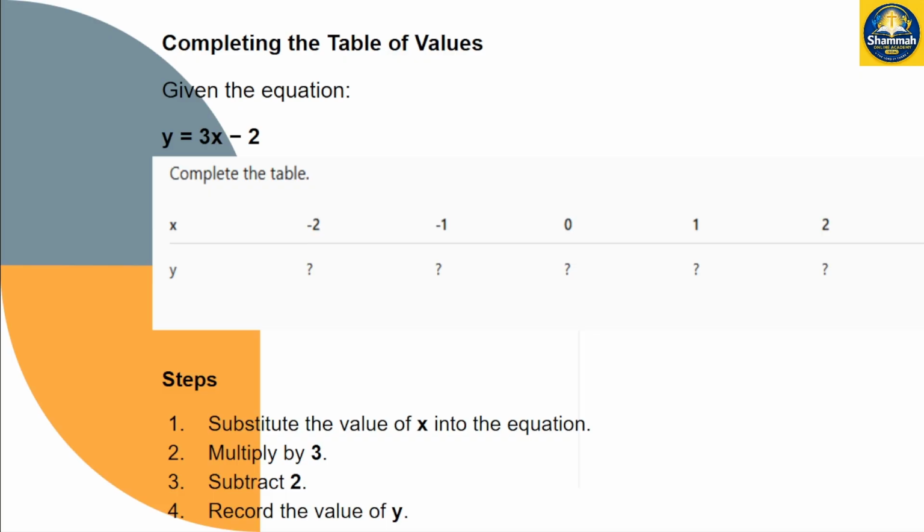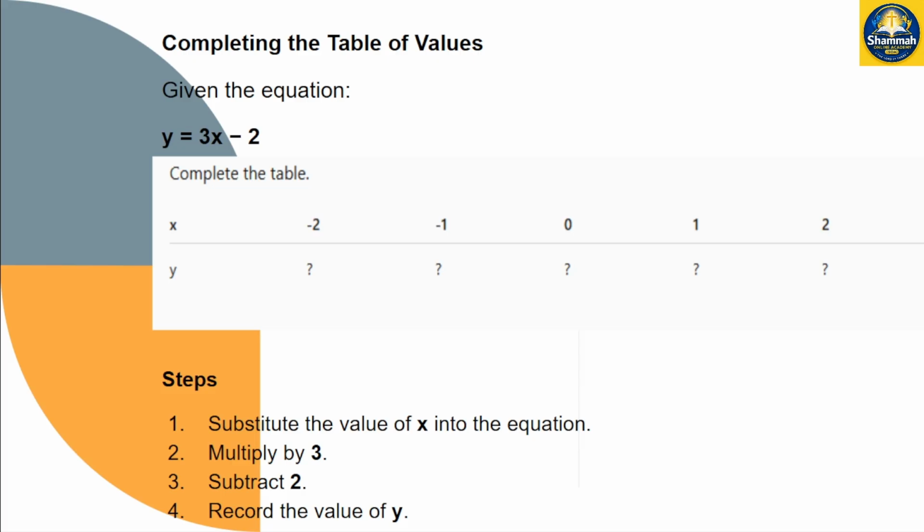Now, we will be talking about how to complete a table of values. If we're given the equation y = 3x - 2, how do we complete the table given?